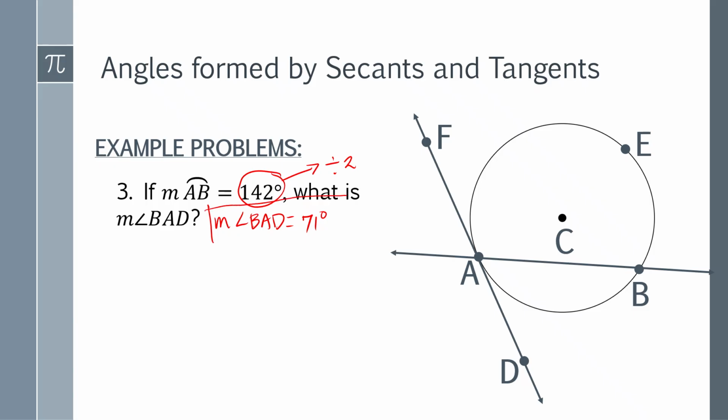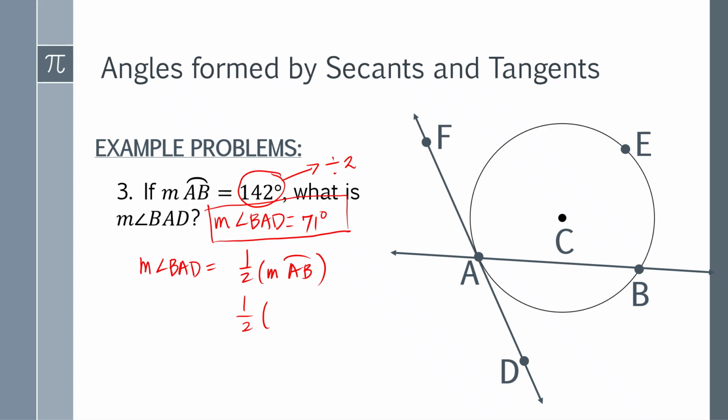If you want the proof, I will give you the proof before we go over to the next problem. So to prove, here is how it works. According to the formula a while ago, the measure of angle BAD is equal to 1/2 of the measure of arc AB. We have here the measure of arc AB, which is 142.